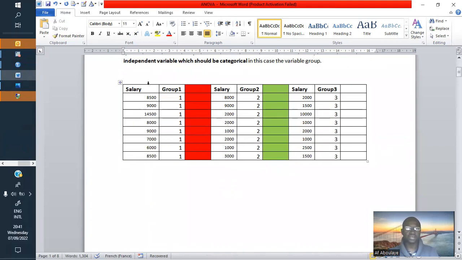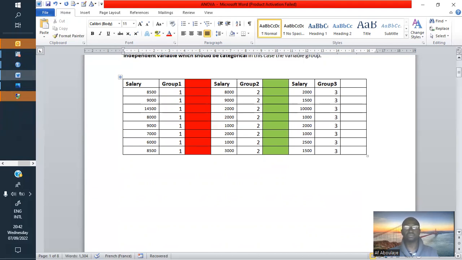As you can see, we have salary for group one, salary for group two, and salary for group three. Here we want to compare the means of those groups, to see if the means are the same or statistically different.